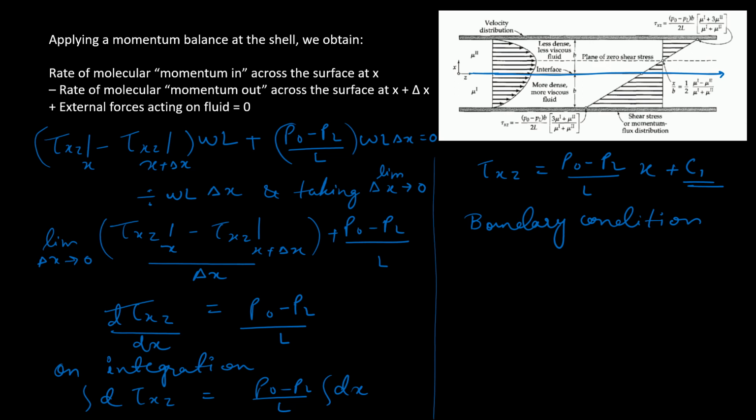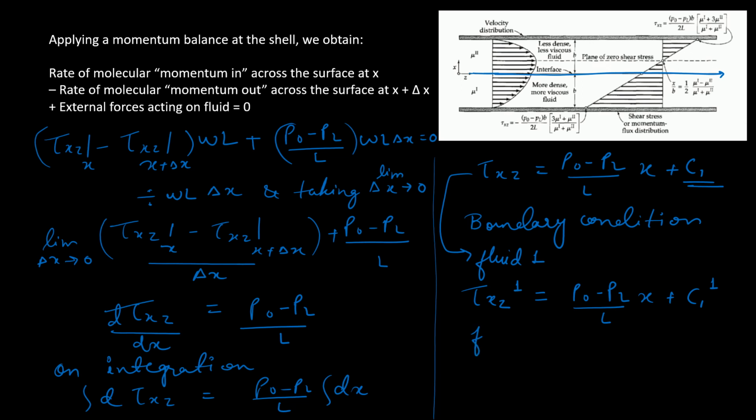Now this equation for fluid 1 will be tau xz1 equals (P naught minus PL) upon L x plus C1 raised to 1.